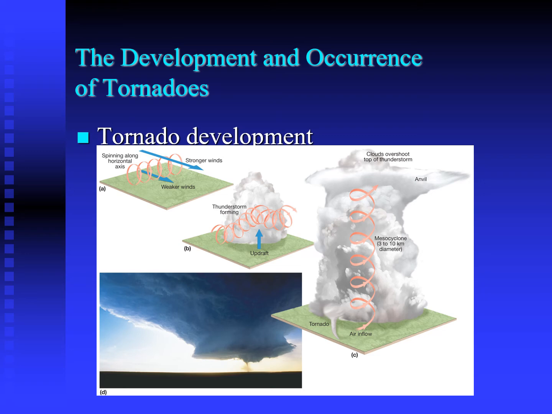If that horizontally spinning vortex at the surface gets pulled up vertical by an updraft, then you have a tornado, and then it is a problem. So again, wind shear is necessary for tornadoes to form. And we do expect wind shear when we have a mesocyclone present within our thunderstorm, particularly our supercell thunderstorm.